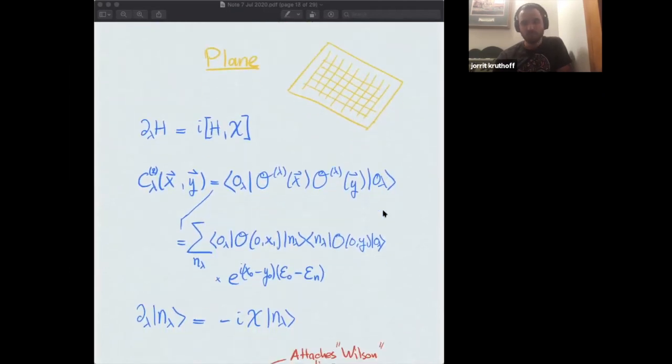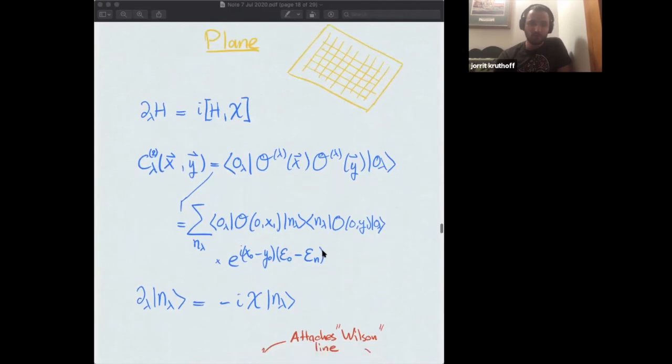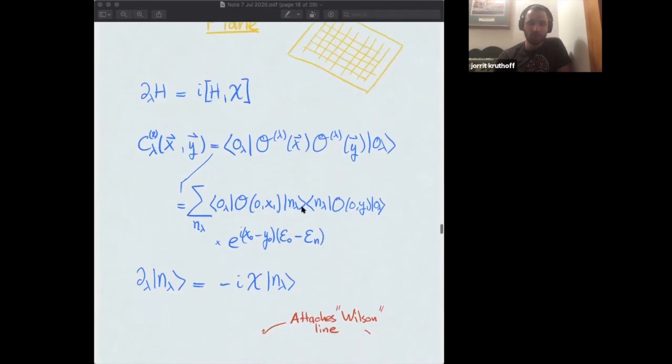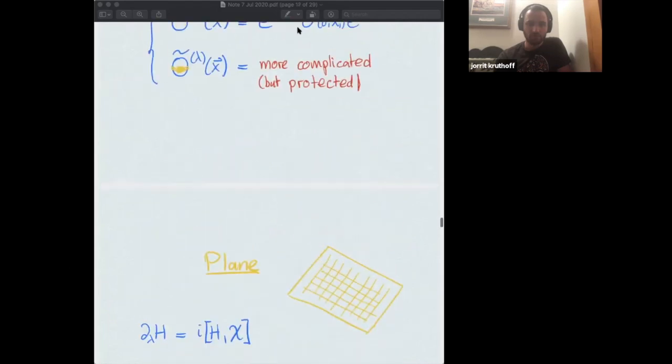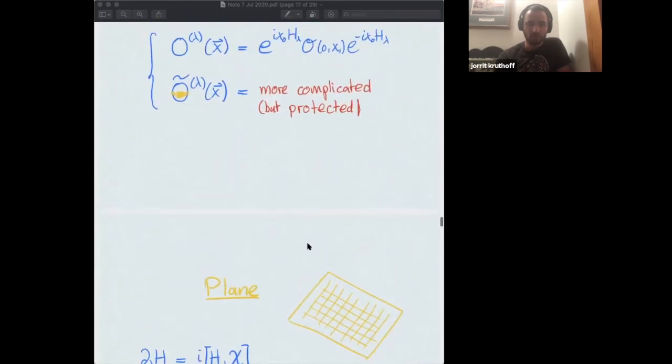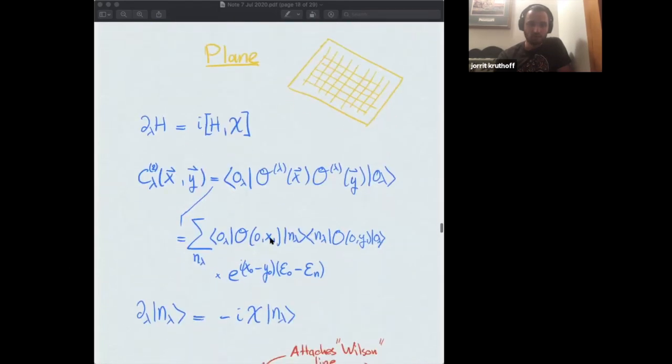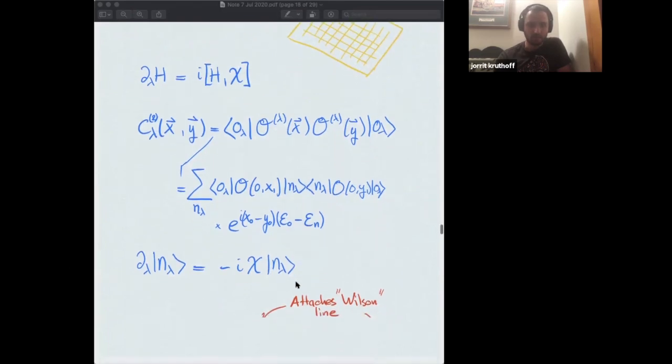Now I can do a spectral decomposition of this two-point function. I insert a complete set of states in the middle, and I extract the energy eigenvalues using the definition of this operator. So these O's are the undeformed operators, but evaluated in the deformed energy eigenstates.